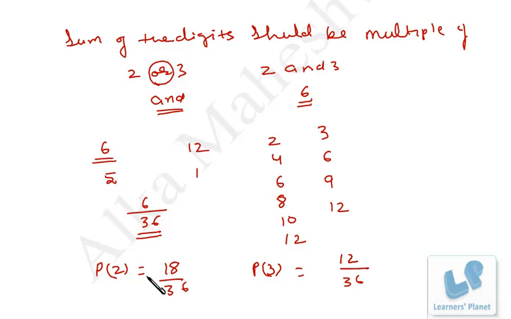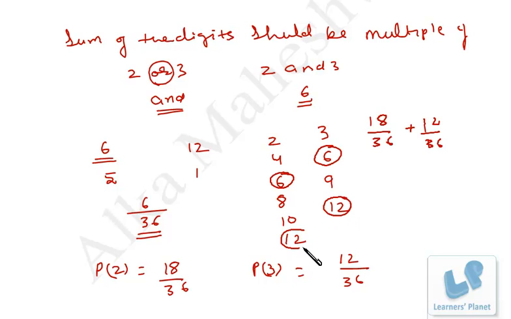Now the probability of the sum divisible by 2 is 18 by 36. The probability of the sum divisible by 3 is 12 by 36. So for 2 or 3, the probability will be 18 by 36 plus 12 by 36. Now what's happening over here? Just look over here. 6 we have counted here also and here also. Similarly, 12 we counted here and here, right?